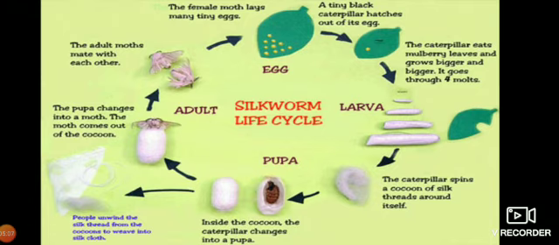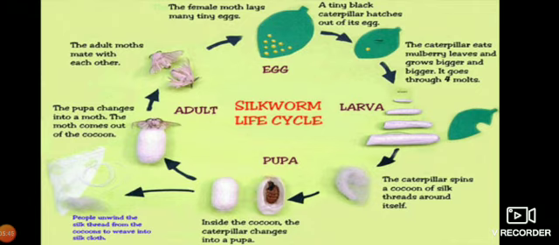Here, the female silk moth lays many tiny eggs, from 300 to 500 eggs, and then a tiny black caterpillar hatches out of its egg. The caterpillar eats mulberry leaves and grows bigger and bigger. It goes through four molts. Next is the larval stage. The caterpillar spins a cocoon of silk threads around itself.